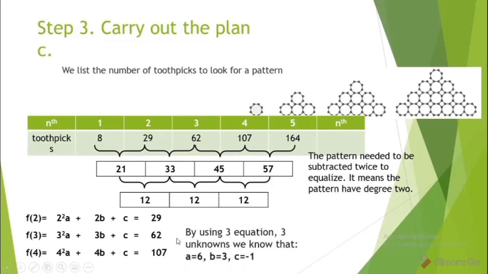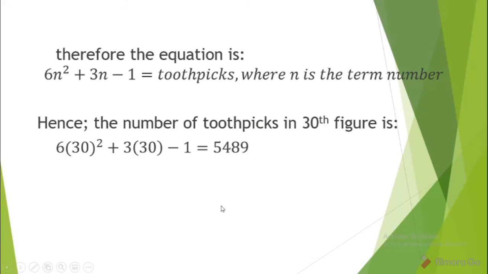So by using 3 equations and 3 unknowns, input that to your calculators. We know that a is equal to 6, b is equal to 3, and c is equal to negative 1. Therefore, the equation is 6n squared plus 3n minus 1 equal to toothpicks, where n is the term number.